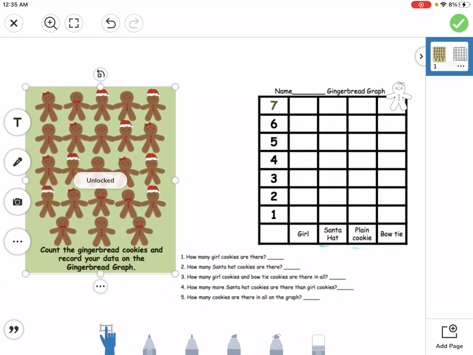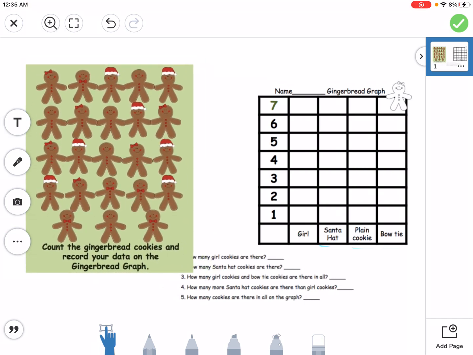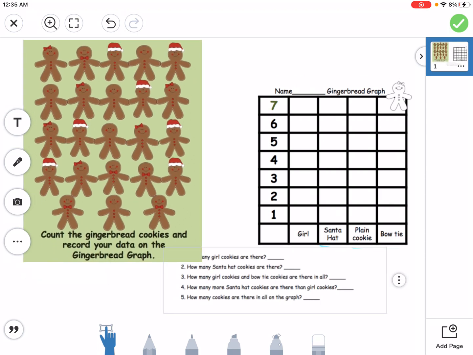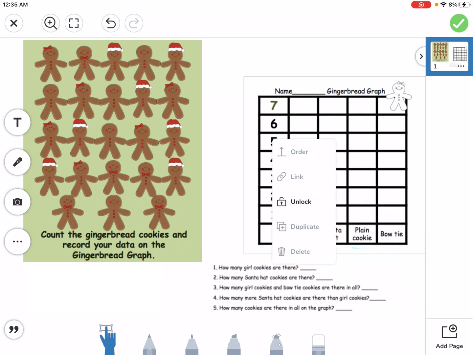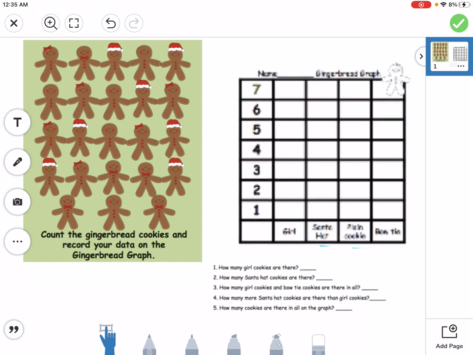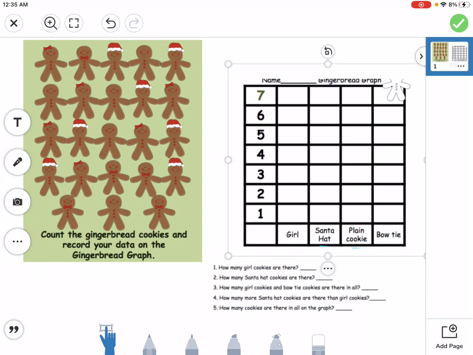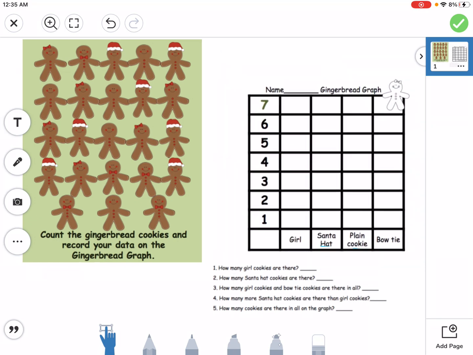I'm going to see if I can make this just a little bit bigger. Yeah, the problem is if I do that, Miss Assembly, then it covers up here. I'll see if I can move this a little bit down. There we go. Maybe we can make this one just a tad bit bigger too. Maybe. Maybe not. Because it covers up right there for some reason.